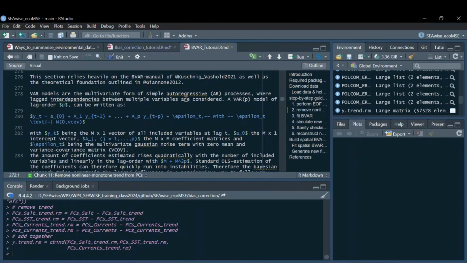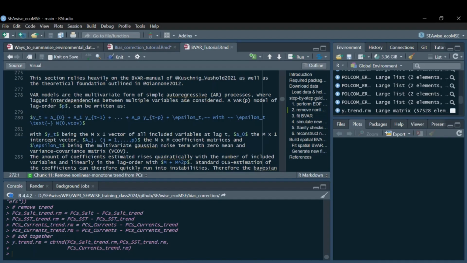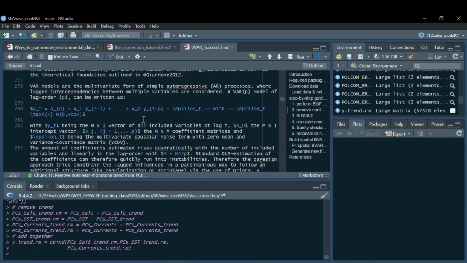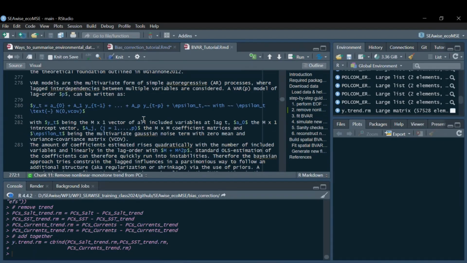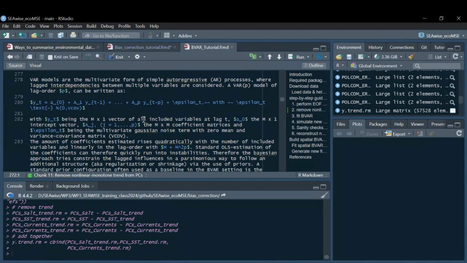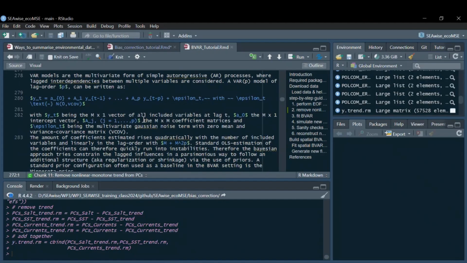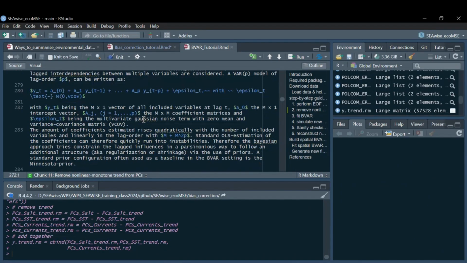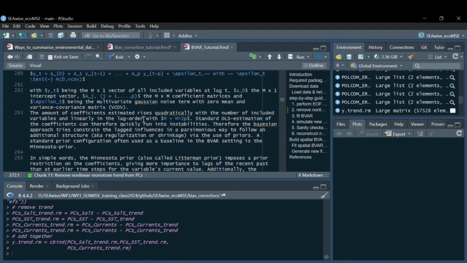They are more in the realm of econometrics. So there, this method is quite often used to model economic variables. But I figured this can also be, as this is an extension of an AR1 process or AR2 process, just in a multivariate way, this can easily be applied also in this situation.